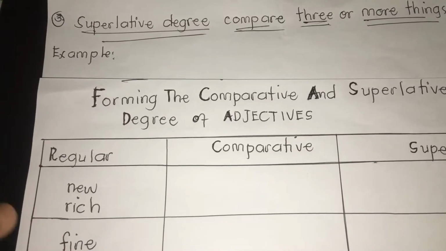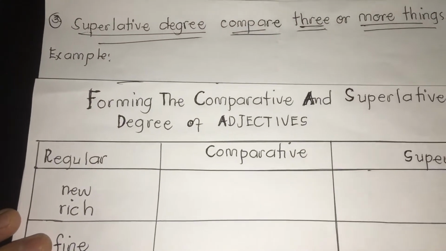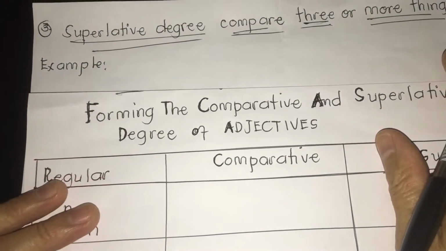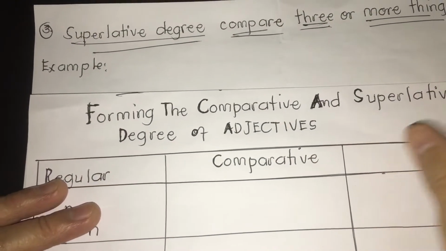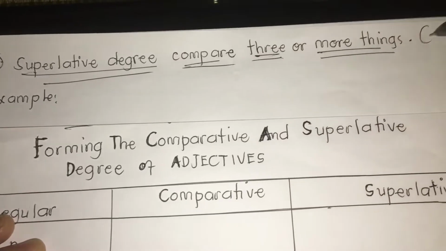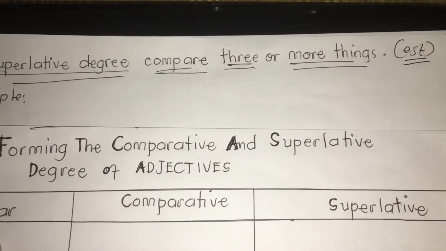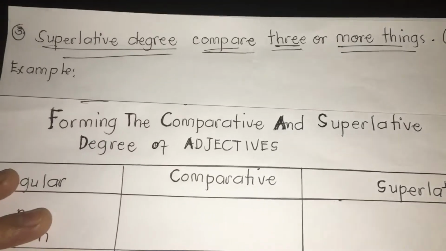So I have here an example of superlative degree that compares three or more things. Remember, superlative adjectives typically end with the suffix est. Let's have another example.